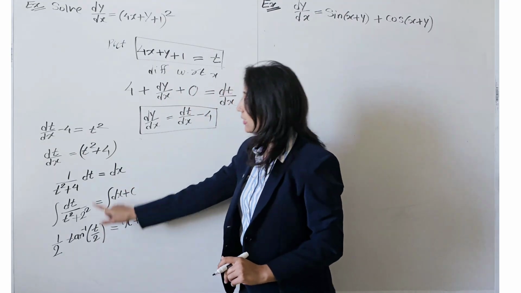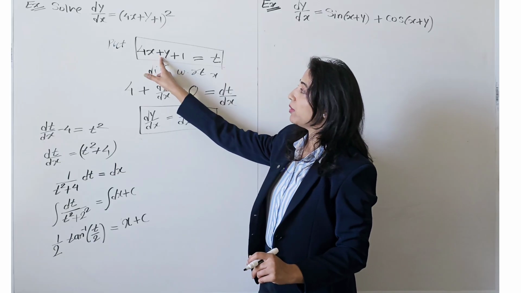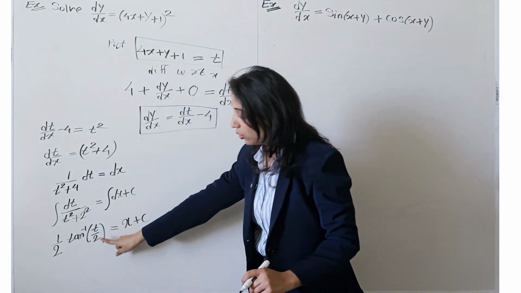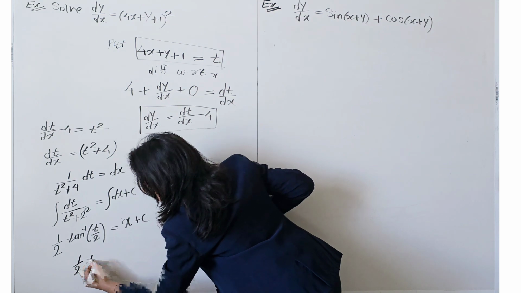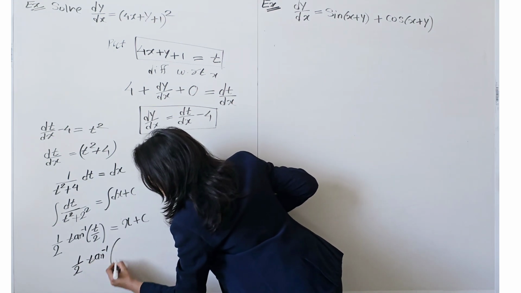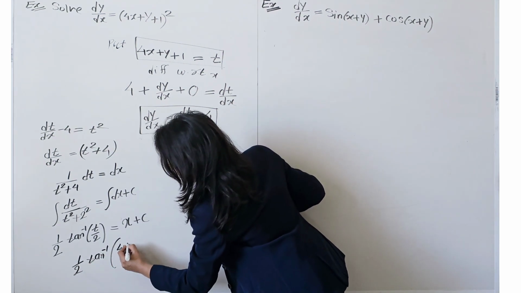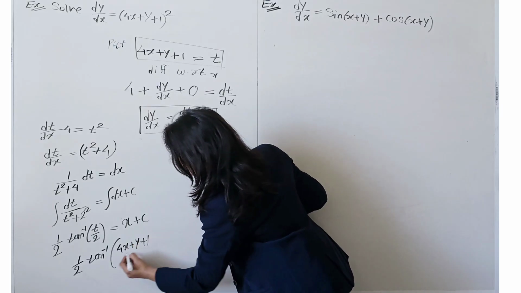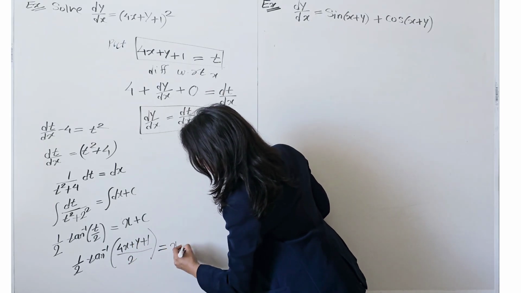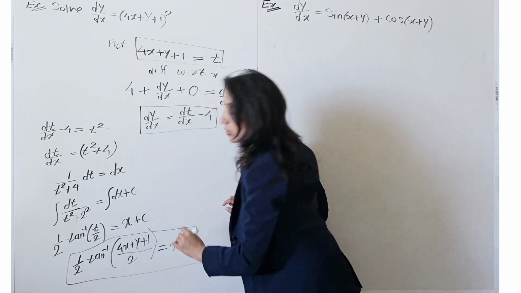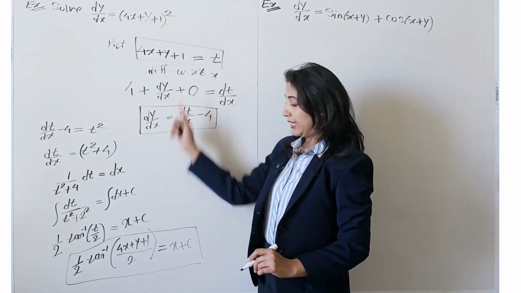But here t is nothing but our 4x plus y plus 1. So put the value of t here. So we will get 1 by 2 tan inverse of 4x plus y plus 1 divided by 2 equal to x plus c. So hence we get the solution of our differential equation.